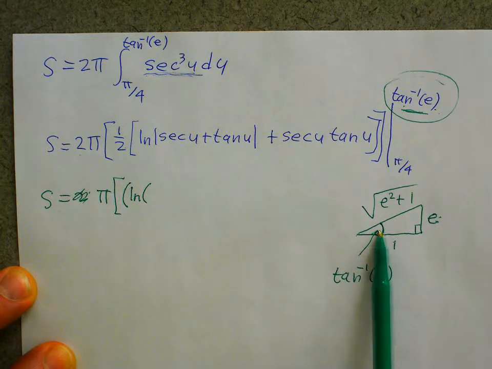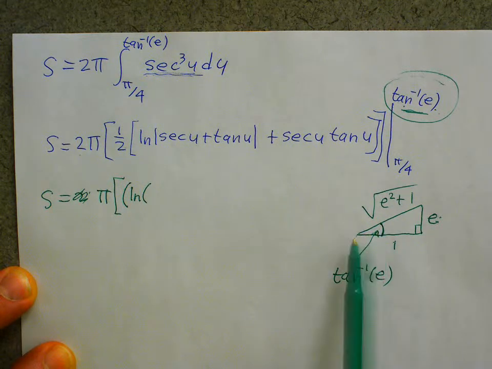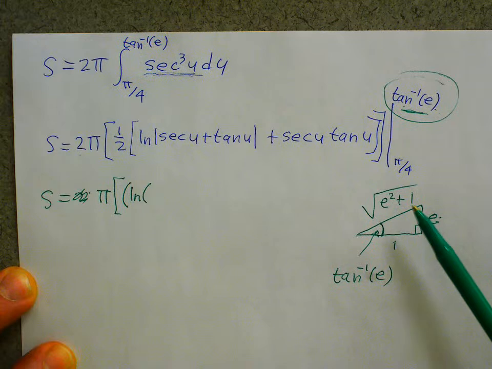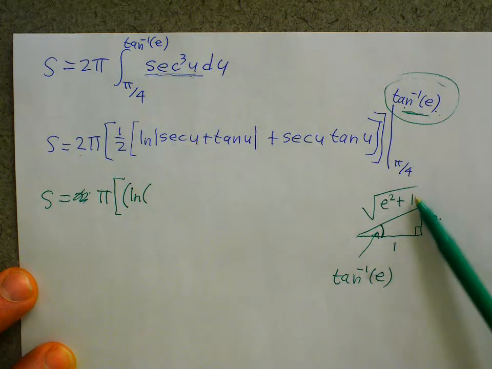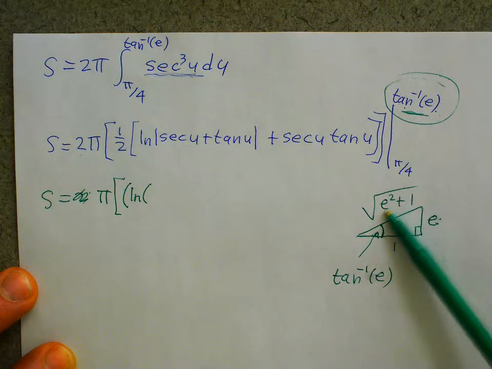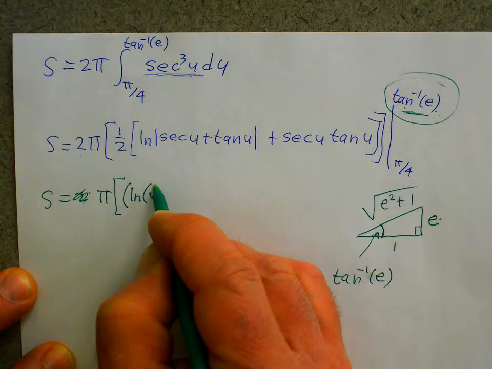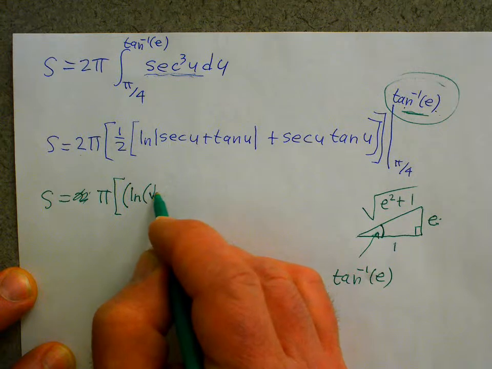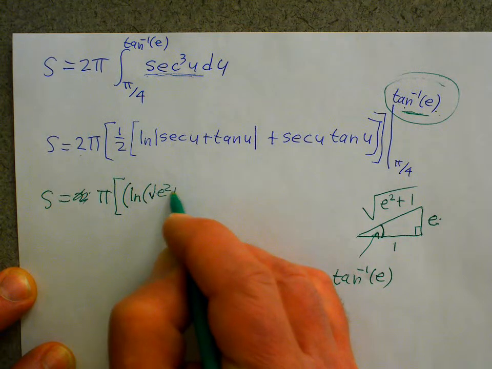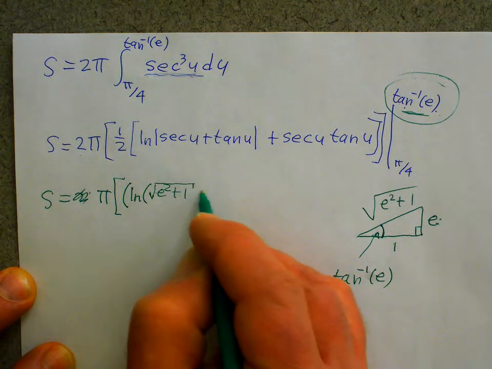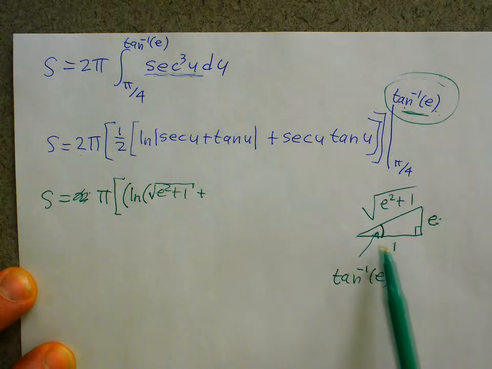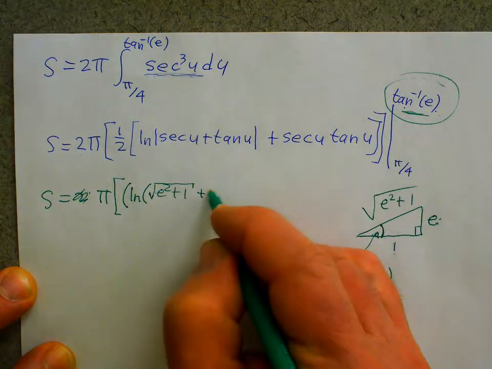So here's the u. What's the secant of that angle? That's the reciprocal of cosine, so it's the square root of e squared plus 1 over 1. So this is the square root of e to the second plus 1. And then plus the tangent of u, which is e over 1, or e.